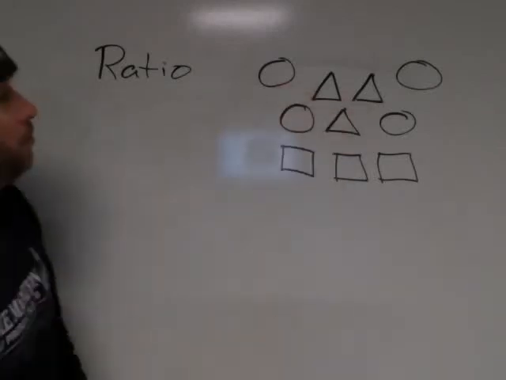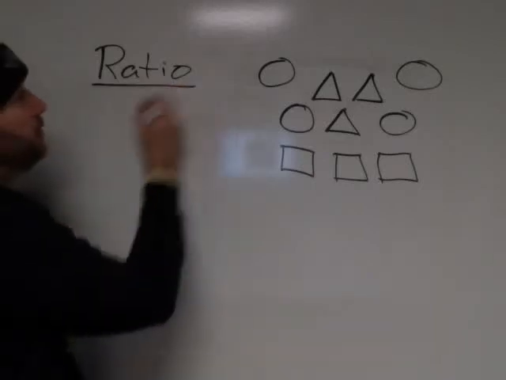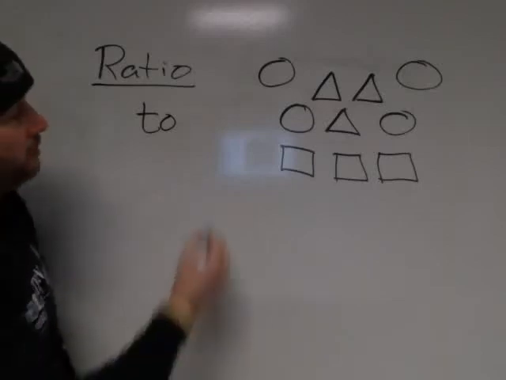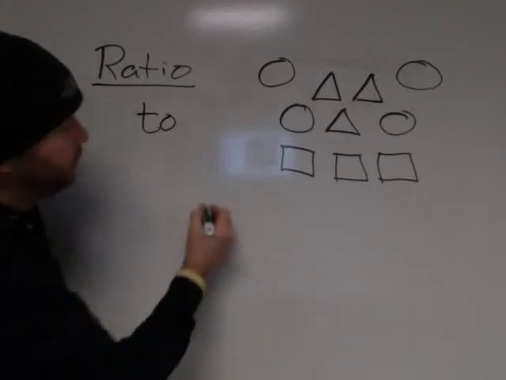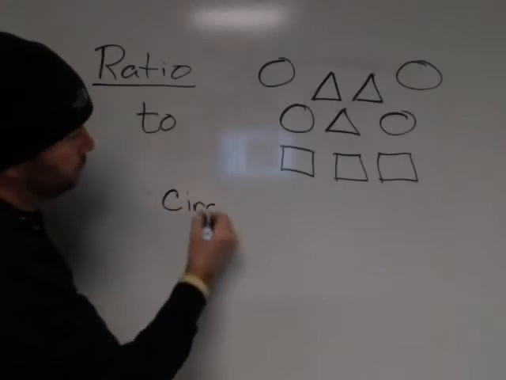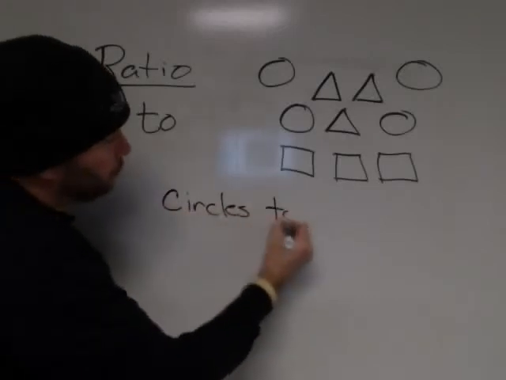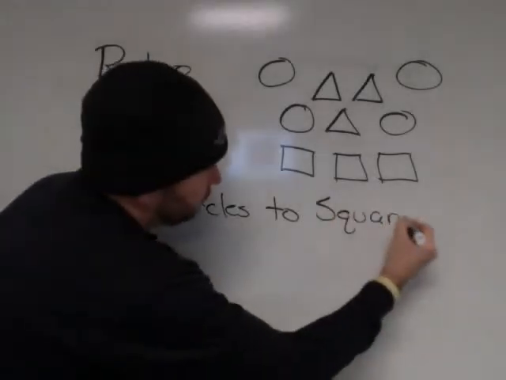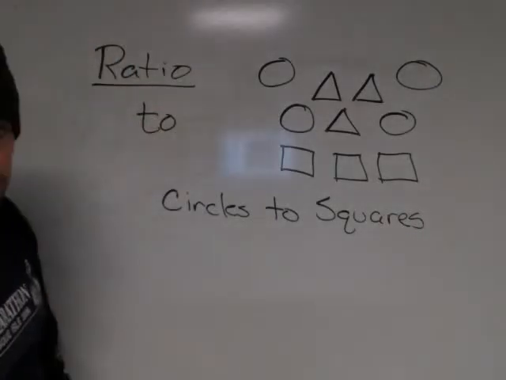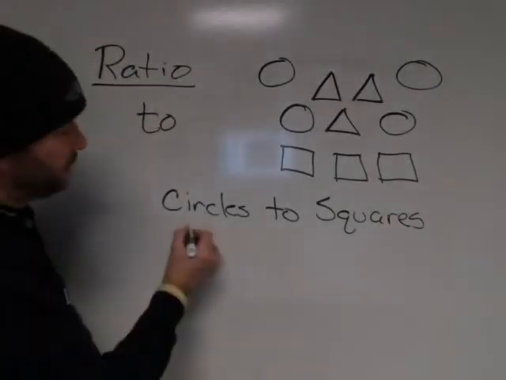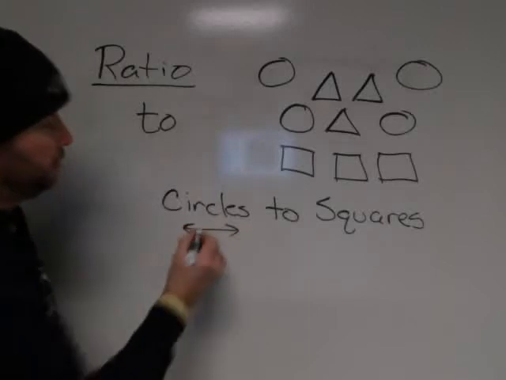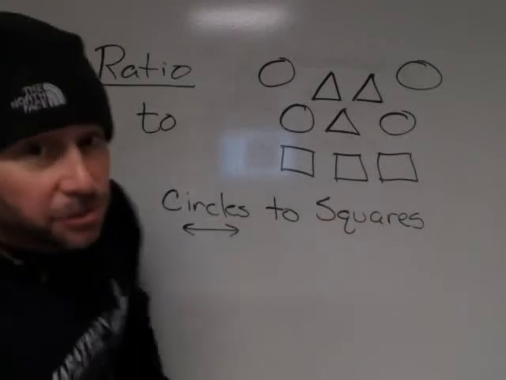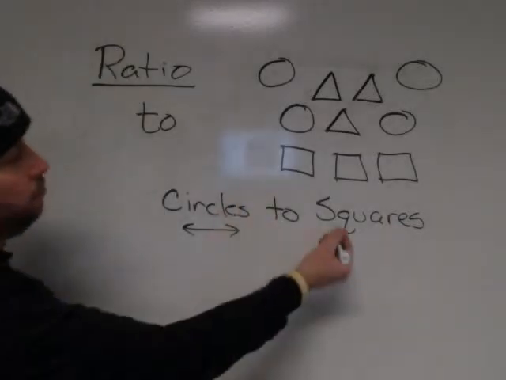For example, the first way you can write a ratio is using the word "to." If I want to compare circles to squares, I could certainly do that. The important thing here is that circles are mentioned first and squares second, so your ratio will show that.